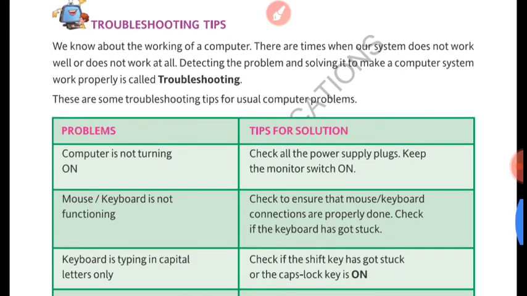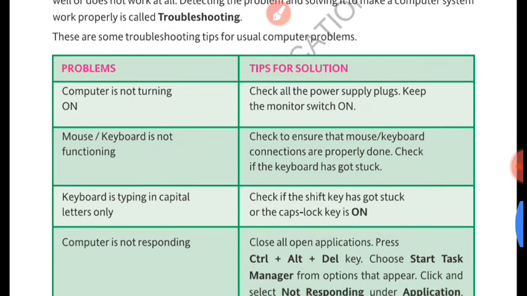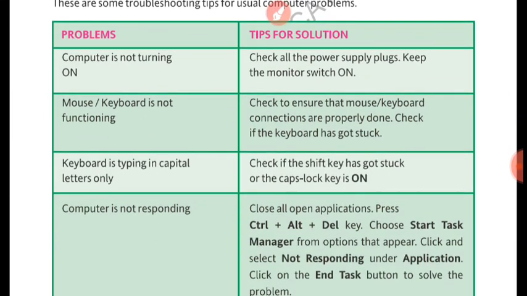Next is troubleshooting tips. Troubleshooting means the problems which we face during the working of the computer. Whenever we work on the computer, we face certain kinds of problems, and some tips are given for these. Suppose your computer is not turning on, you have to check the power supply plugs. Are they connected well or not?